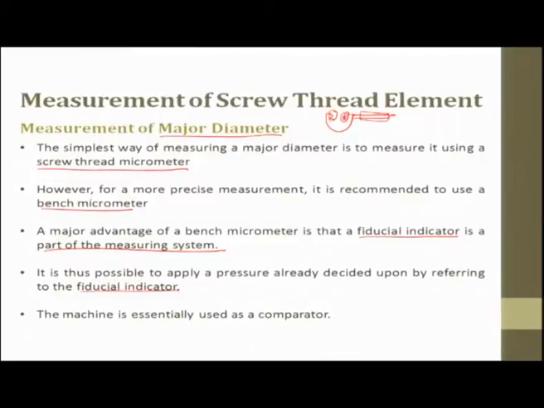The machine is essentially used as a comparator. We covered this topic under the comparator, when we finished vernier caliper and screw gauge, we also studied the bench micrometer, which is very important. The bench micrometer is predominantly used to measure the major diameter of screw threads. So, you have this fiducial indicator which is there.